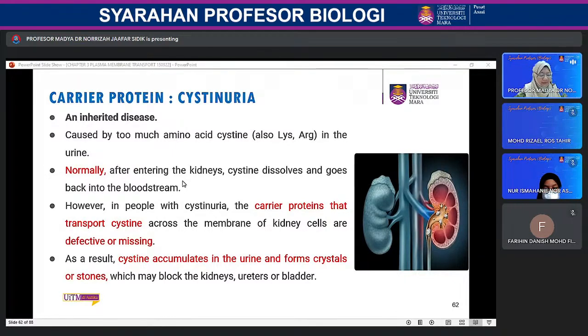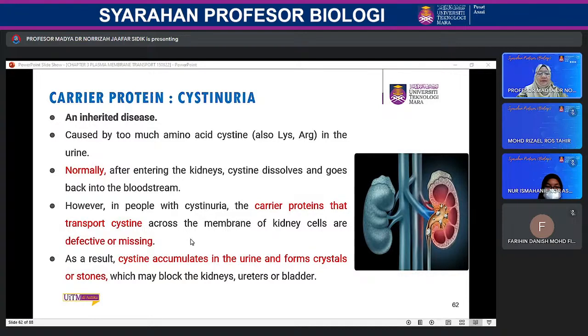After entering the kidneys, which are these two kidneys, cysteine normally dissolves and goes back to the bloodstream. However, in people who have cystinuria, the carrier proteins that transport the cysteine across the membrane of the kidney cells are missing or defective.